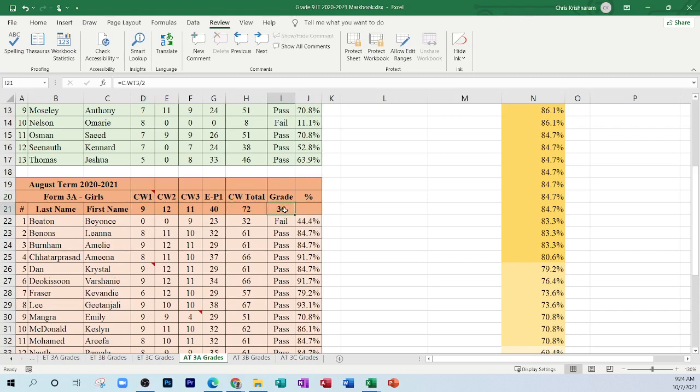This 36 here, they might not even know what this 36 represents. So they could put in a comment, this is half of the total grade, thus pass grade. Something like that, so that they understand what it represents.